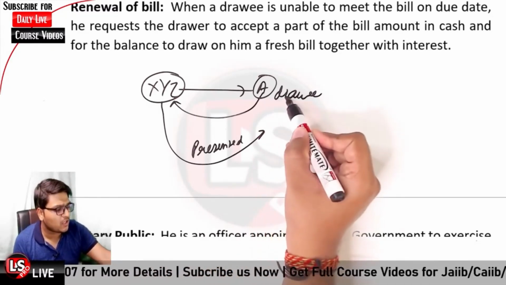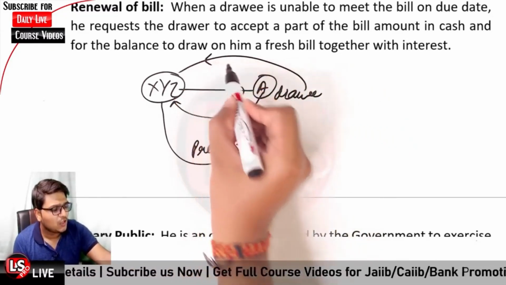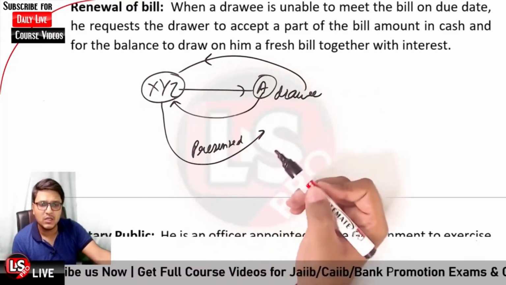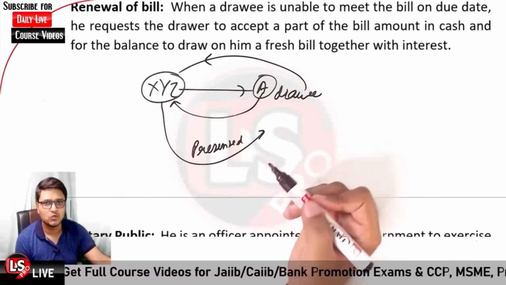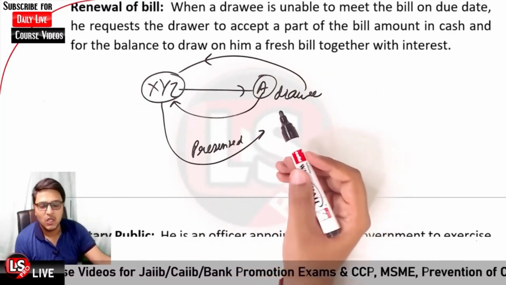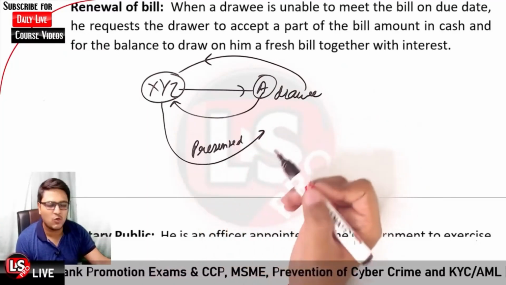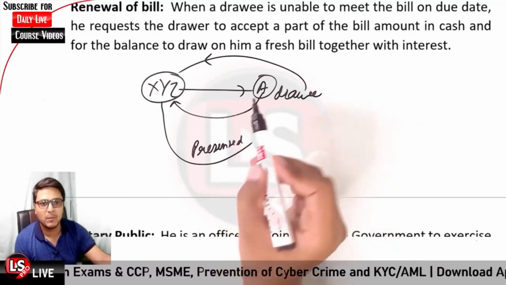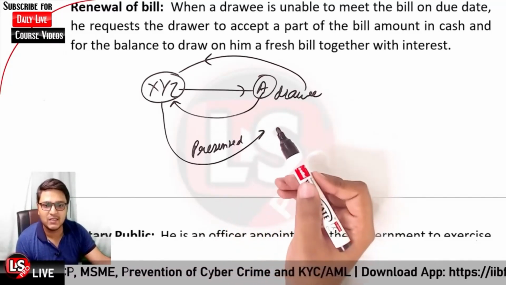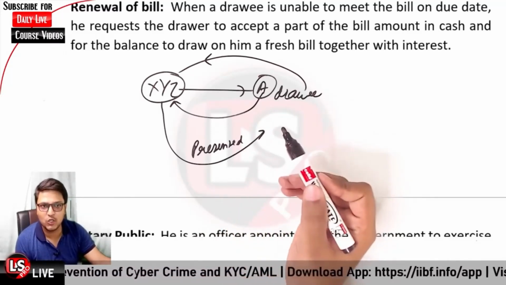The drawee requested XYZ to postpone the bill due date for some particular period. And further, a credit extension of 1 month or 2 months or whatever period is given to A. In that case, it is said to be renewal of bill.